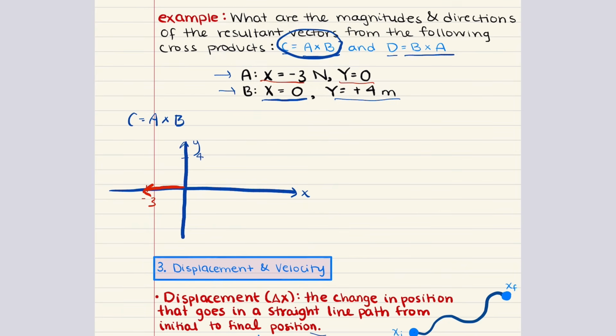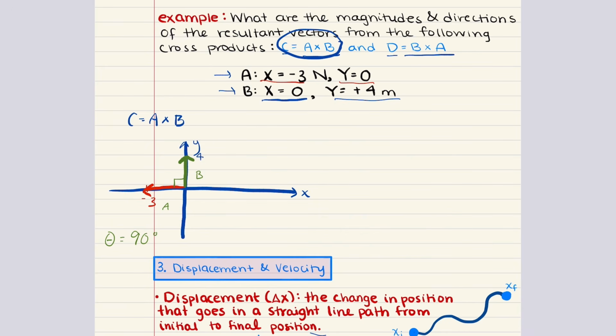So vector B looks something like this. So this is vector B, this is vector A, and what you notice is that the angle between them is 90 degrees. This is a right angle right here. So we just figured out theta, which is extremely important and required for us to carry out this cross product. So theta is 90 degrees.